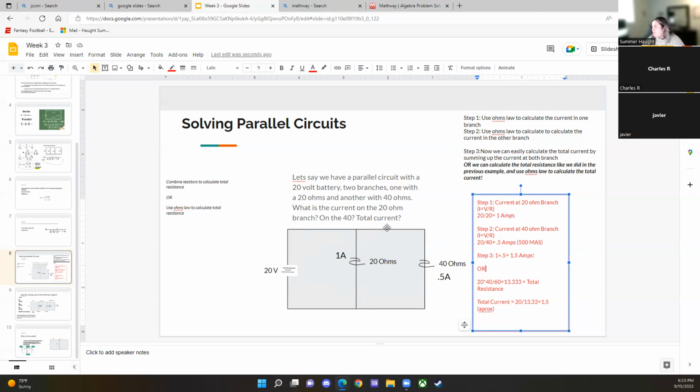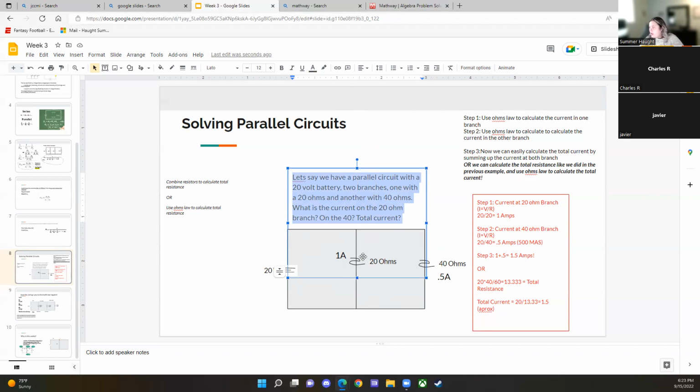The final step of this problem is that, since we have the current at both locations, we can calculate the total current. If you go back to this problem, they give us the voltage and the 2 ohms, but they don't give us the total resistance, and they don't give us the total current, but we can find it.